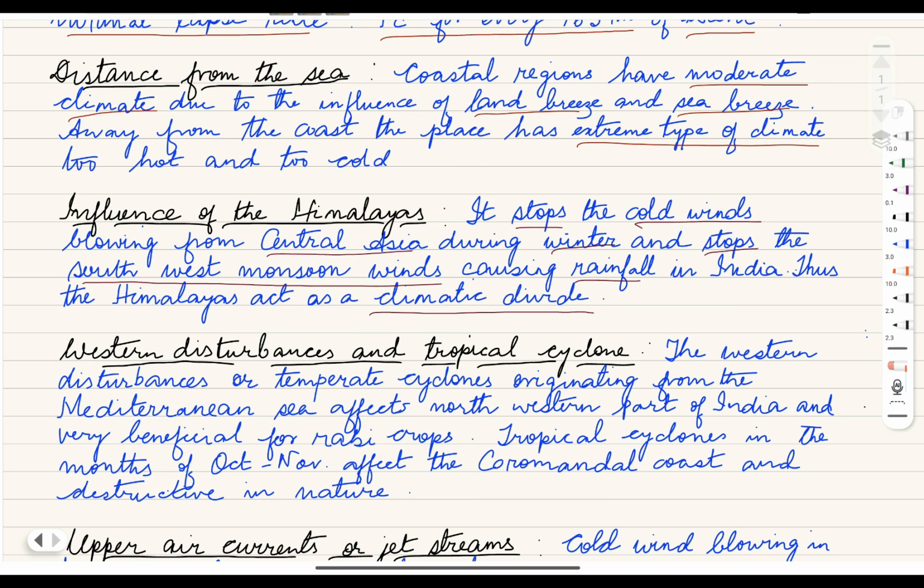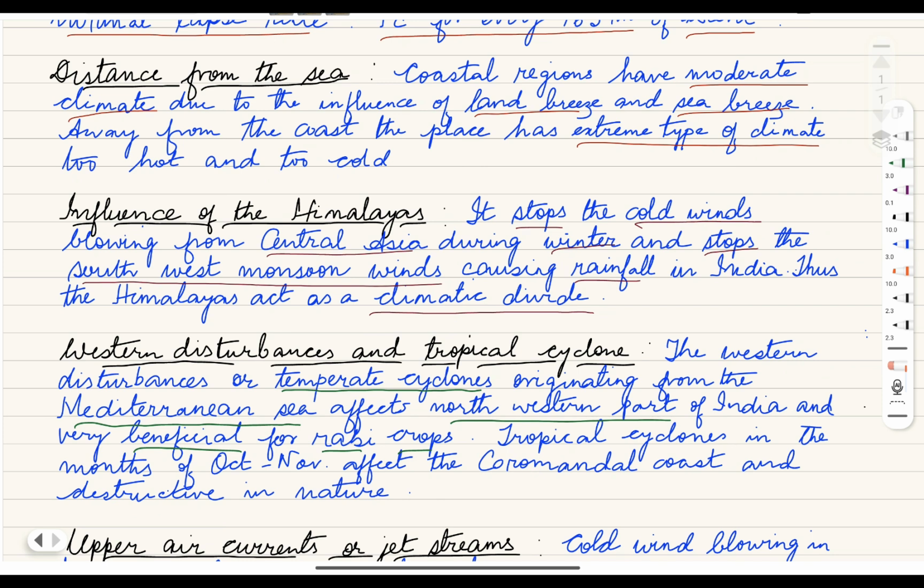Next factor, western disturbances and tropical cyclone. Western disturbances, also known as temperate cyclones, originate from the Mediterranean Sea and affect the northwestern part of India, and it is very beneficial for Rabi crops.